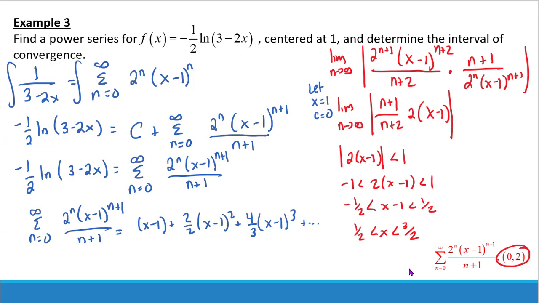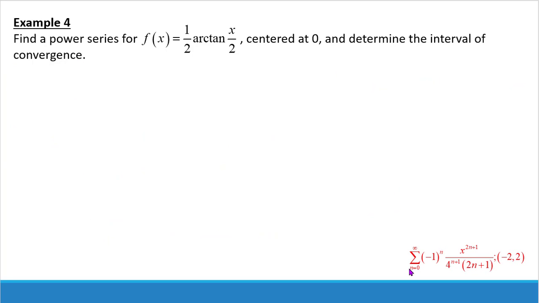Okay, so for this one, we have a power series centered at 0. Determine the interval of convergence. Okay, so we've talked about how to build power series a little bit. And we've built some common elementary power series centered at 0.